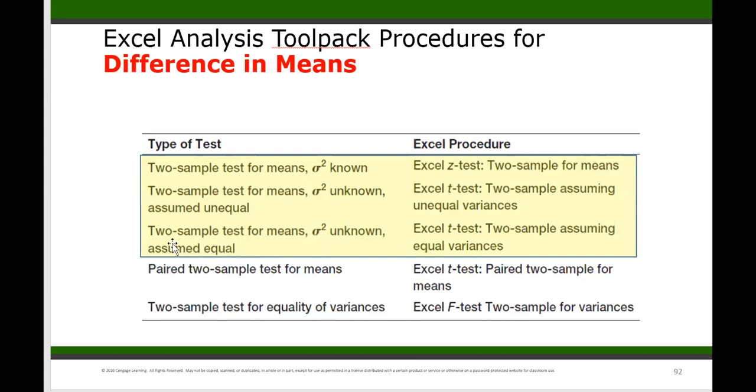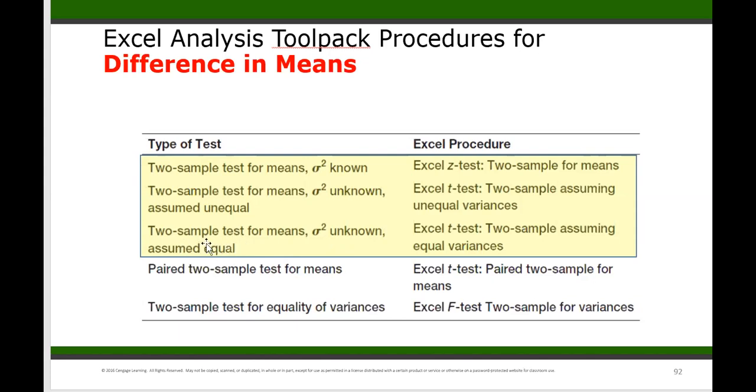As you can see, the least restrictive test would be the T-test, two-sample assuming unequal variances. Here, in the Z-test, we have a very strong assumption, knowing the exact value of the population variance. Here again, we have another strong assumption, even though we relax the known variance: equality of variances.